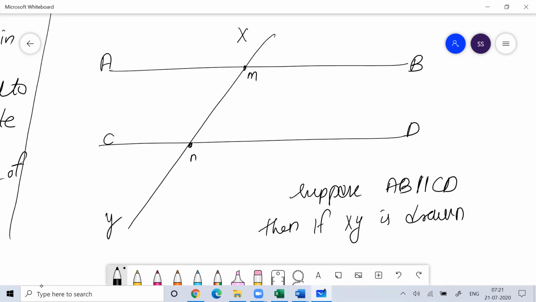Now you need to remember one thing: whenever the two lines are parallel, this angle and this angle will be equal.